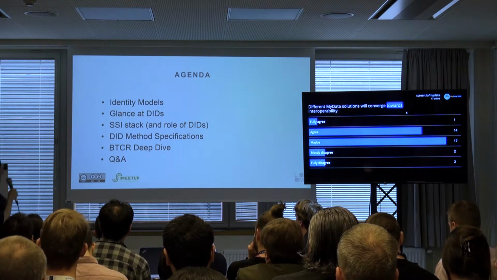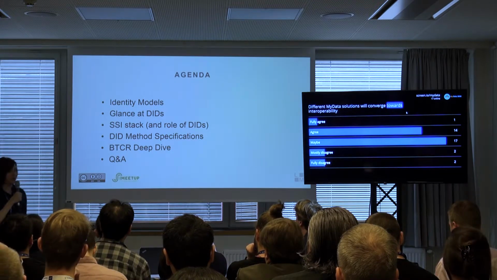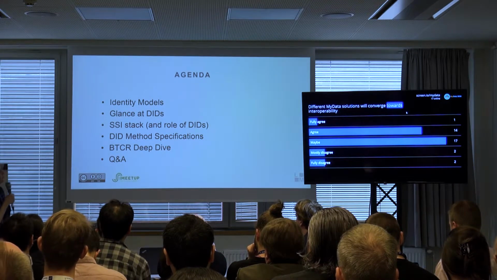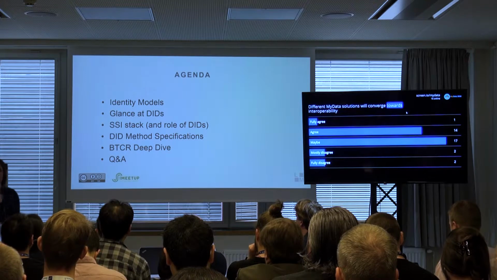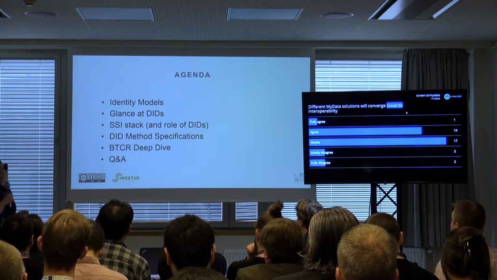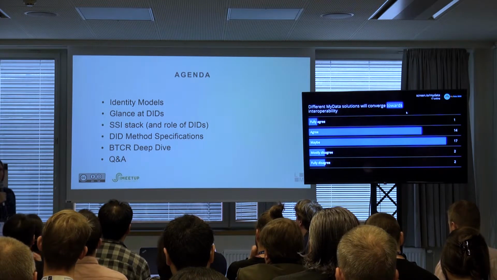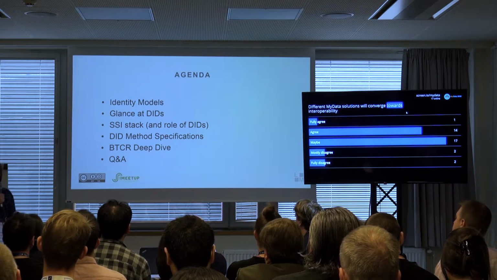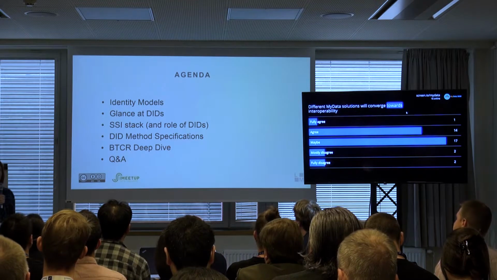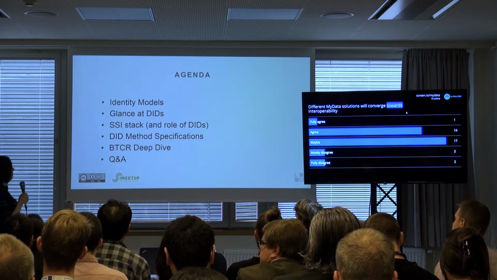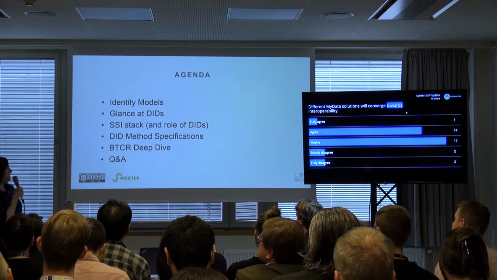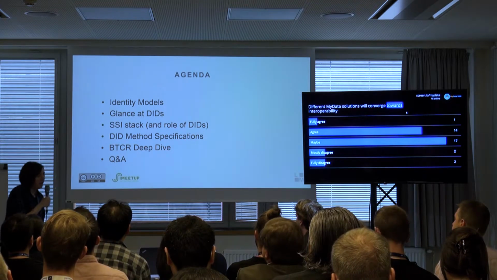Next, we'll talk about DID method specifications, as context before getting into the BTCR method spec. What I want to focus on here is a light survey of the different DID method specs, why there's multiple of them, and why you would use some versus others. Then we'll do a deep dive into BTCR, and then Q&A.